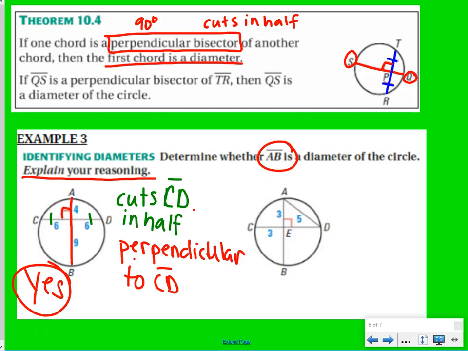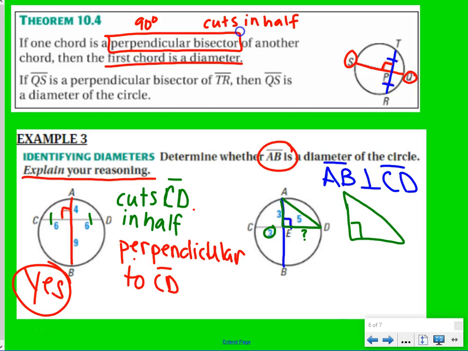is a diameter. For our second example, first off, if we look, we see that nice right angle forming. So we can say that AB is perpendicular to CD. Now we need to know, does it bisect the segment? So we know this piece is 3. We don't know that piece, but I see a nice little right triangle. And we're back to Pythagorean theorem again.